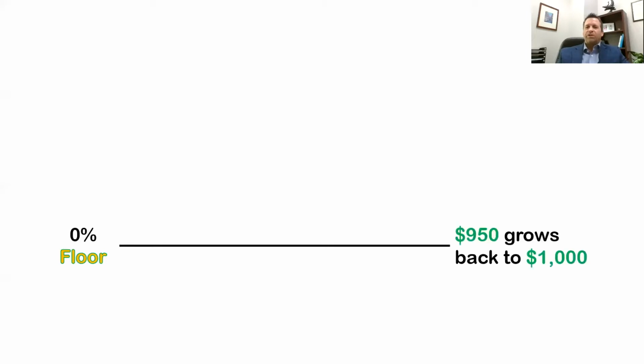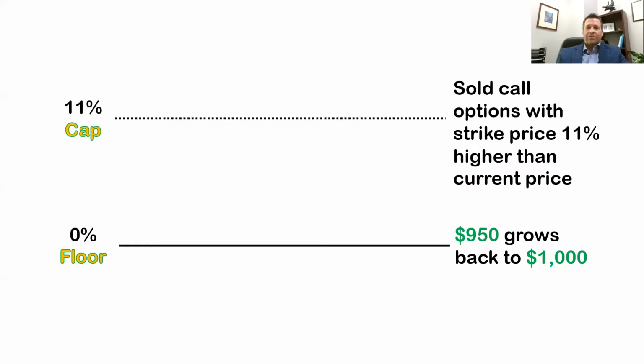So we're going to pull all that together on one diagram here. We have our 0% floor, and we know we get that because we take $950 invested in the general account of the insurance company, and it grows back to $1,000 at the end of 1 year. We have the 11% cap because we sold call options with a strike price 11% higher than the current price.